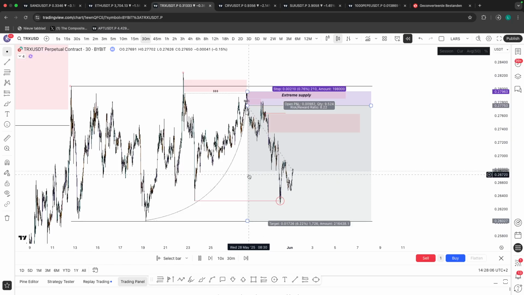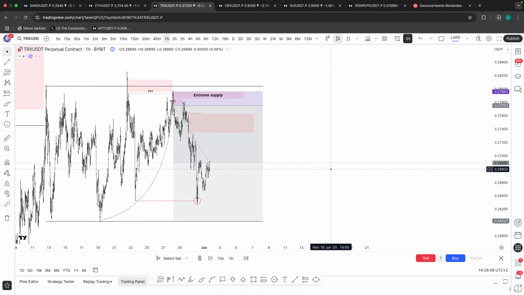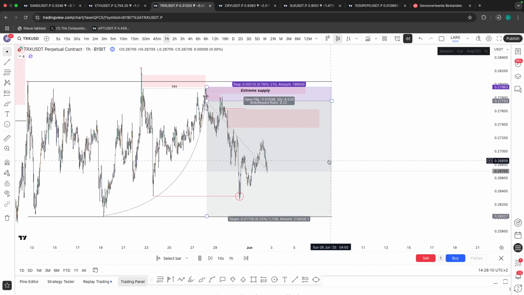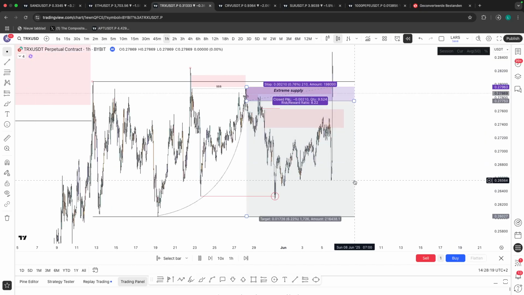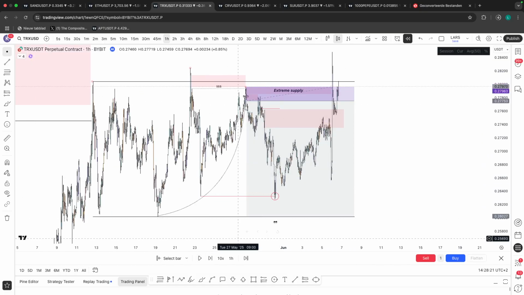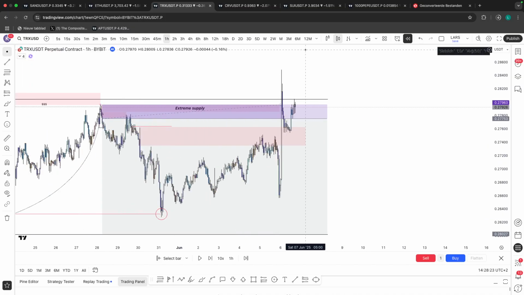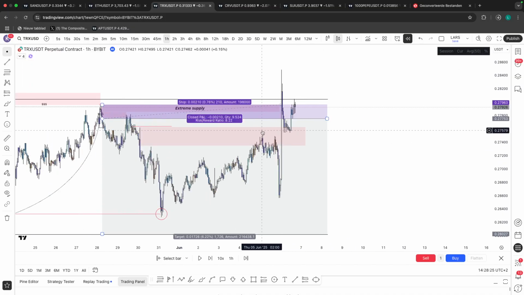Now, from there, we can see that price ended up, I believe, retracing back into it. Lots of ranges, retracing back into it, dumping before absolutely reversing. So right there, we mitigated the extreme supply and we started rejecting, breaking structure back to bearish.